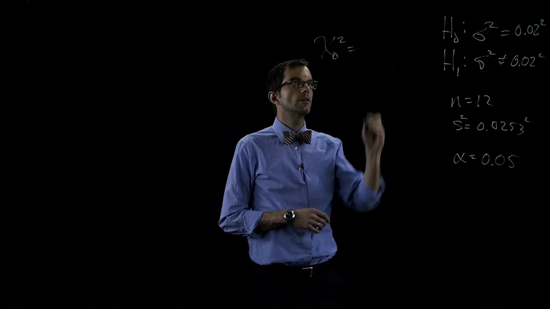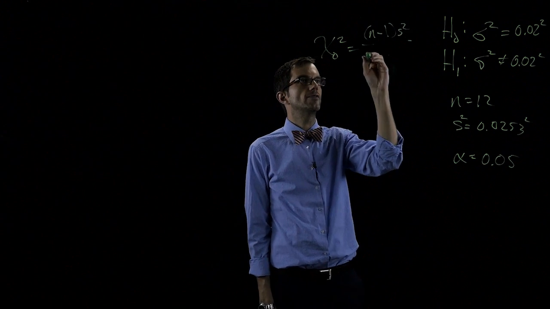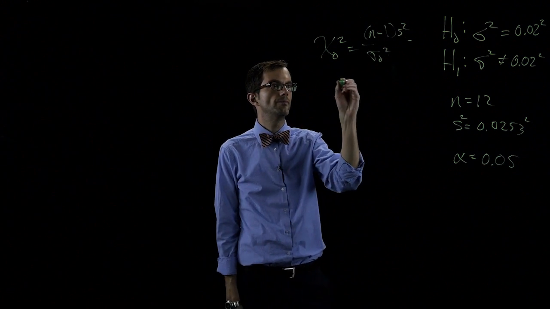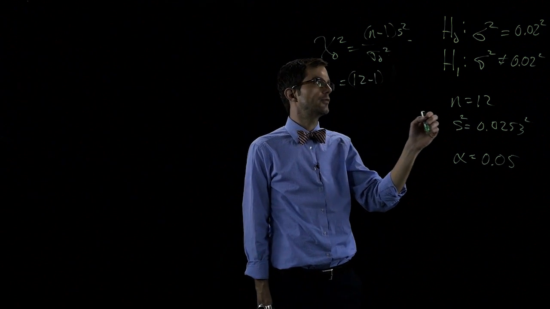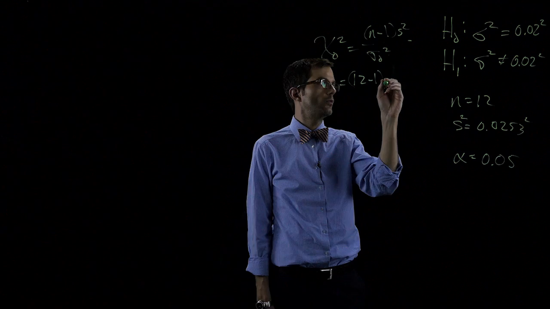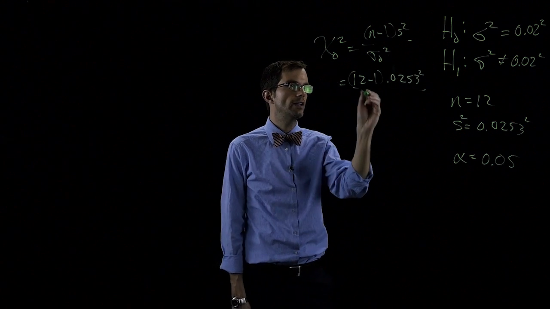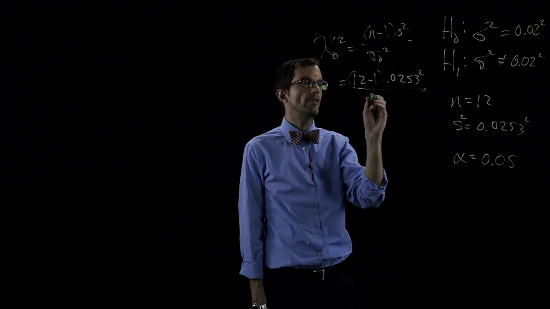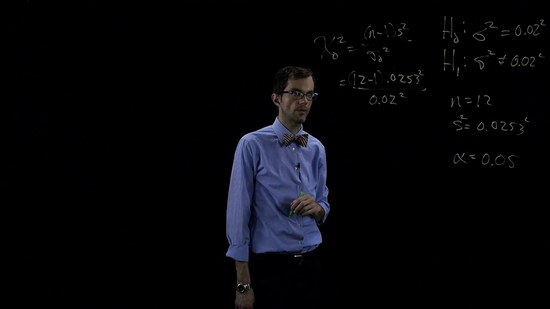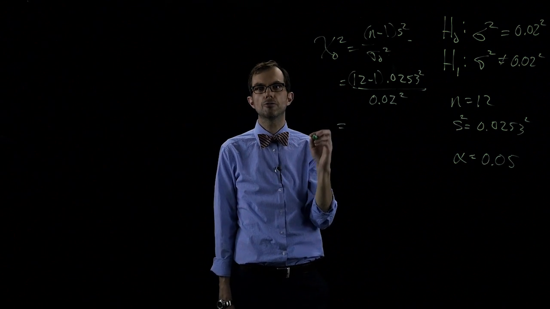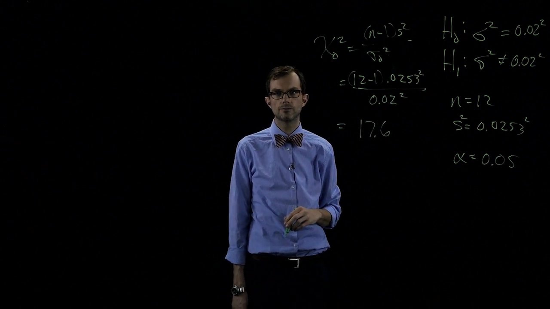It would be n minus 1 times s squared over the hypothesized value, sigma naught squared. That is 12 minus 1 times s squared, which is 0.0253 squared, divided by the hypothesized value, 0.02 squared. If we work this out, just arithmetic, we get a test statistic of 17.6.